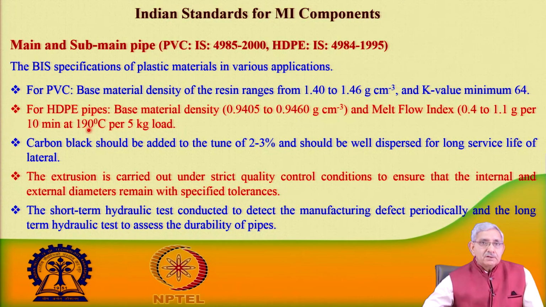For high density material, the base material density should be in this range, that is 0.9405 to 0.9460 gram per cc, and then melt flow index is also given, 0.4 to 1.1 gram per minute at 190 degrees Celsius per 5 kg load. So, these are the specified values, and that should be tested.